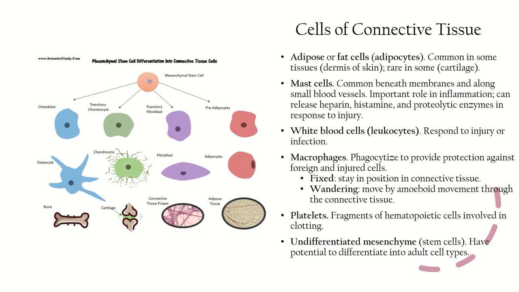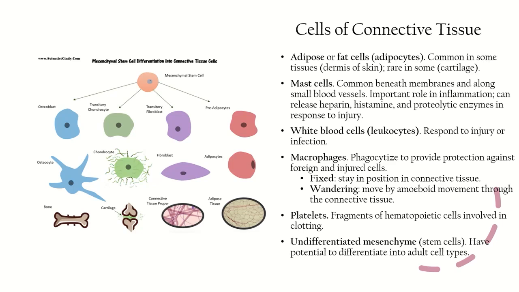So here are other types of cells in our connective tissue family. Adipose cells, which are our fat cells, are in the dermis, your skin, and also in your bone marrow. That's another place you'd find them. Mast cells are along your small blood vessels and are related to inflammation.